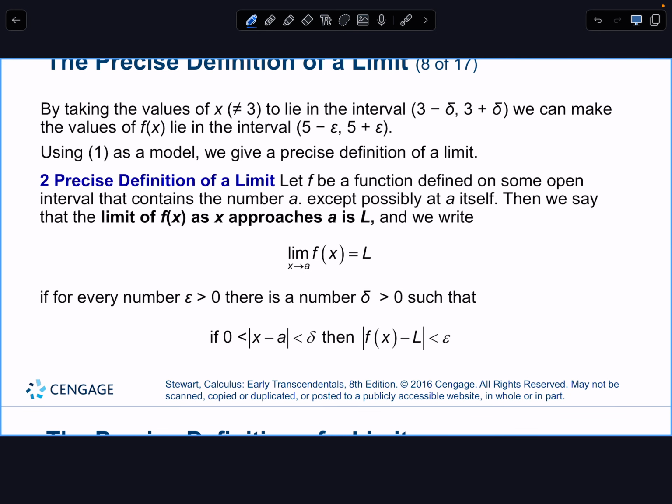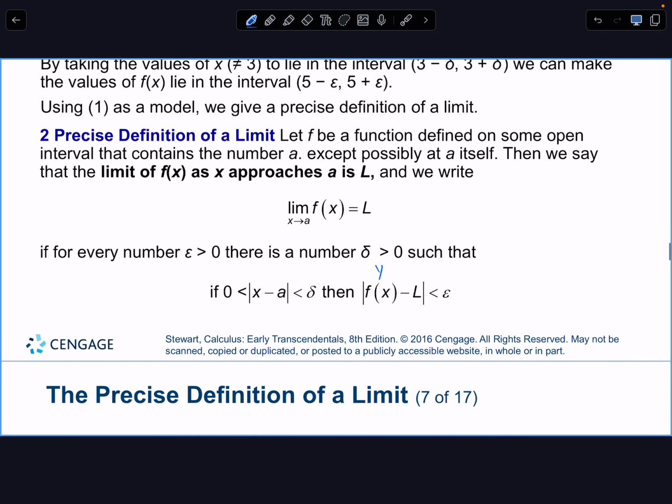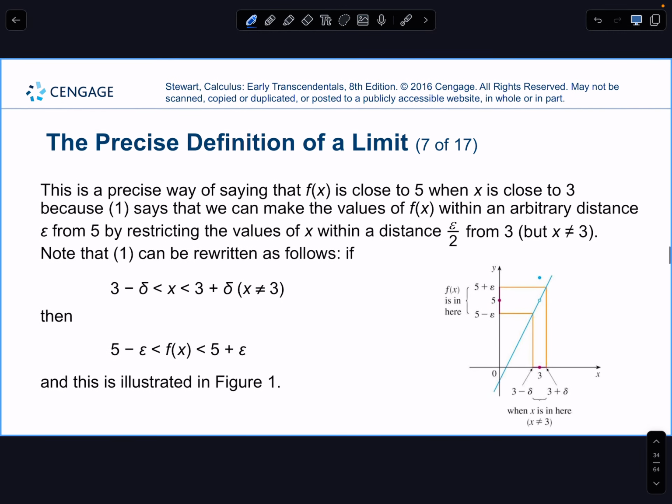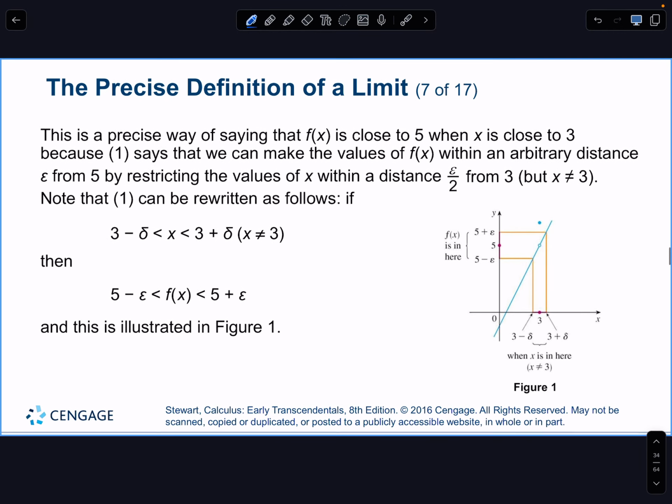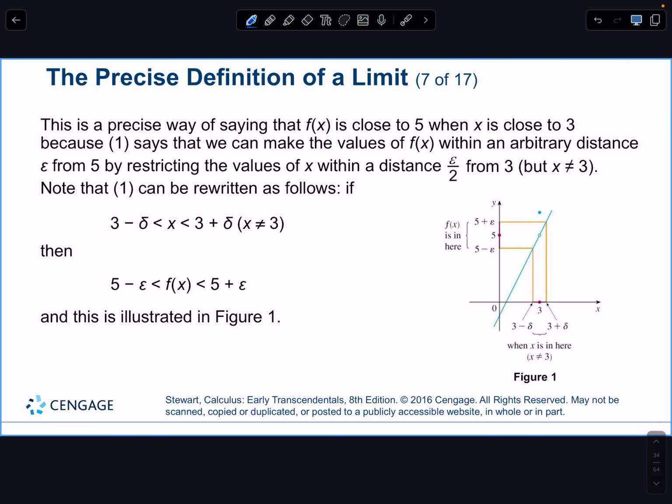In general, when x is within the tolerance delta of a, the number x approaches, then the y value will be within a certain tiny distance epsilon of the limit, like 5.